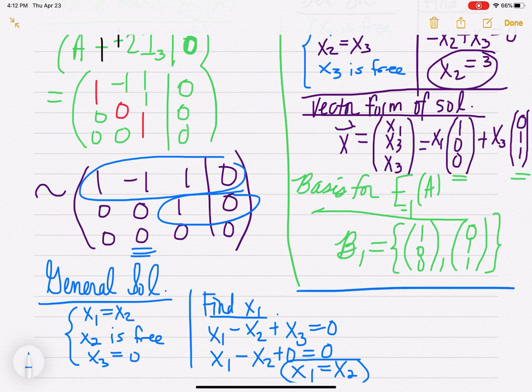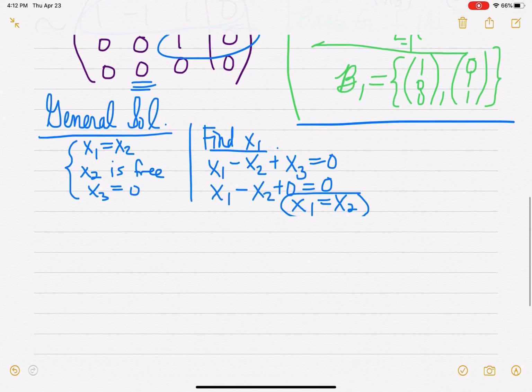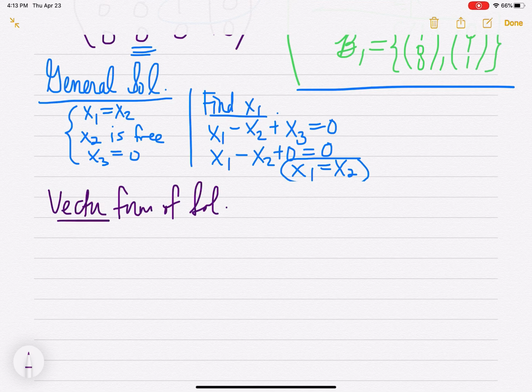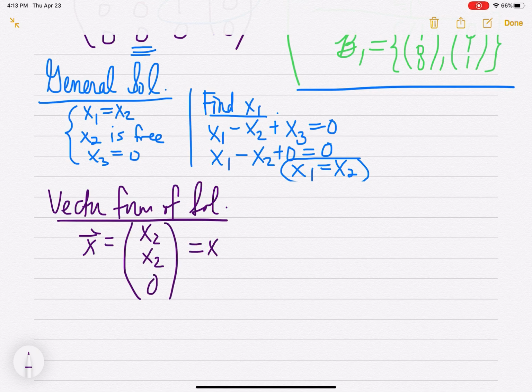So when we write a vector form of the solution, it's going to be a vector x. We're going to have x2, x2, and 0. Factor out the x2 and you get a single vector 1, 1, 0. That's going to be a basis for your second eigenspace.